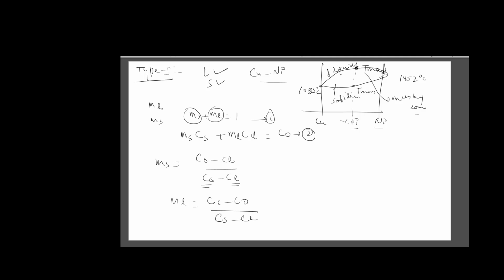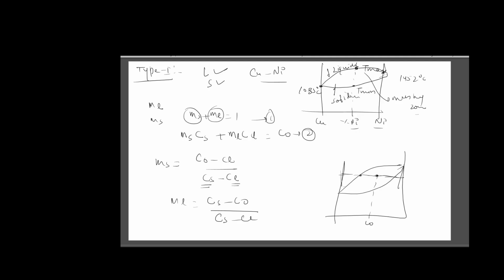So if you want to find, for example, if this is the case and this is C0, you want to find at this point, at this temperature, there will be some liquid, there will be some solid. You want to find what is the mass fraction of the solid at this point.